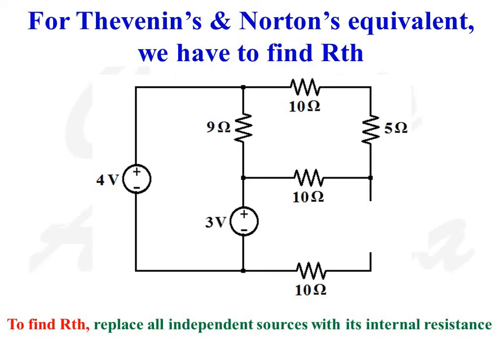For Thevenin's and Norton's equivalent, we have to find Thevenin's equivalent resistance RTH. To find RTH, replace all independent sources with their internal resistance.